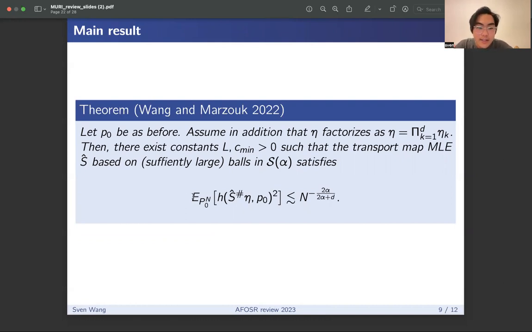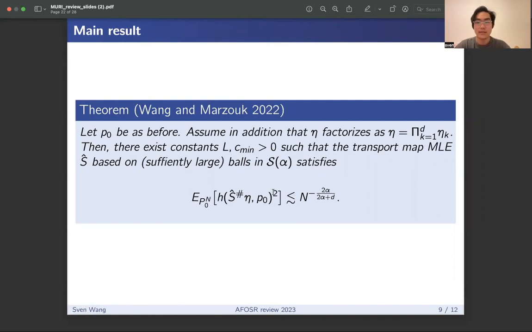It says that the expected mean squared error, if you want, in Hellinger distance between the pullback of the learned transport map and P0 is of this order, n to the minus 2 alpha divided by 2 alpha plus d. And if we recall the minimax rate, the best possible achievable rate from the previous slide, this is exactly matching that minimax rate, where the additional 2 in the exponent comes from squaring the error.